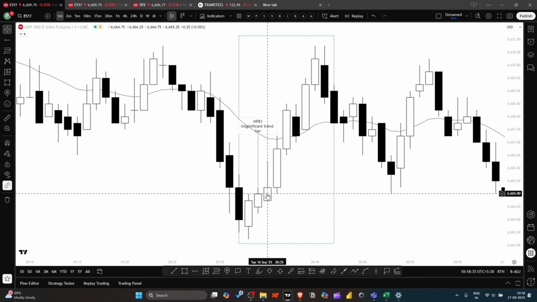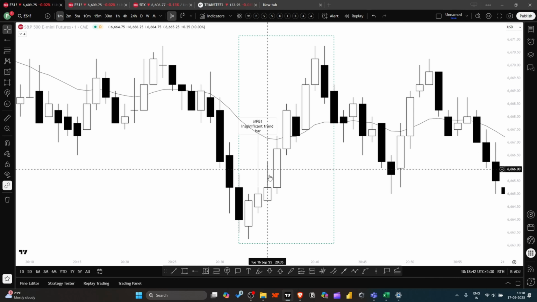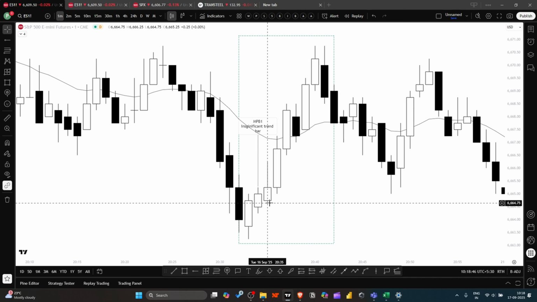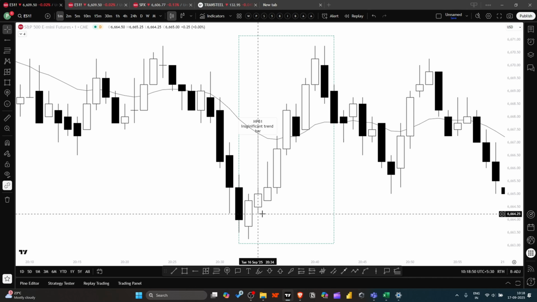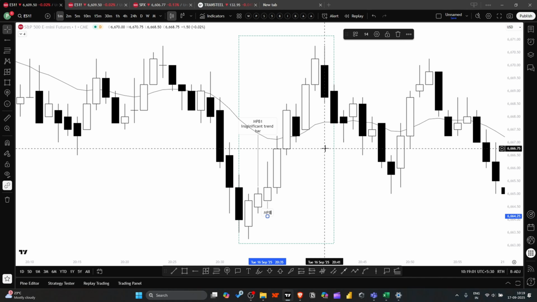But if it has a bull body in a bull trend, and you see a large wick on the top, greater than 50% of its range, visually, it's not a fixed number. Visually, if the wick is more than 50% of its range, then I would call it an implied reversal bar. So this is MPB2. Why we call this MPB is because the next bar went above the high of this bar.